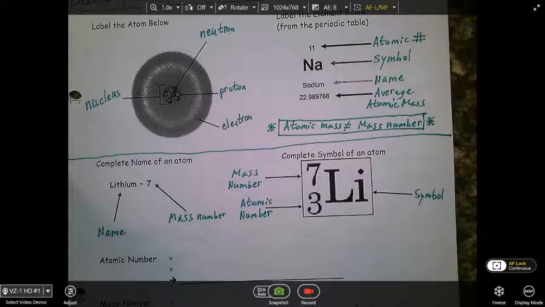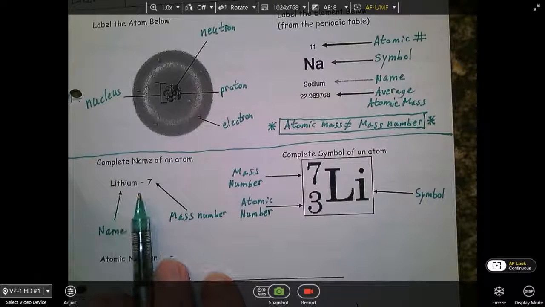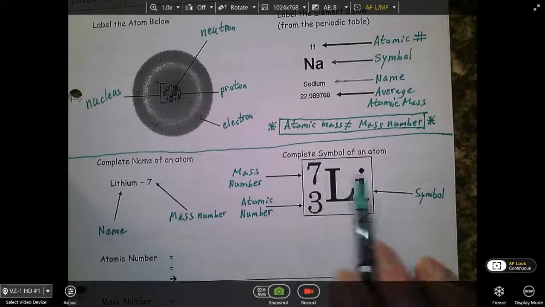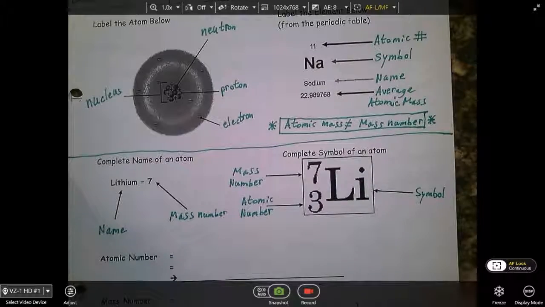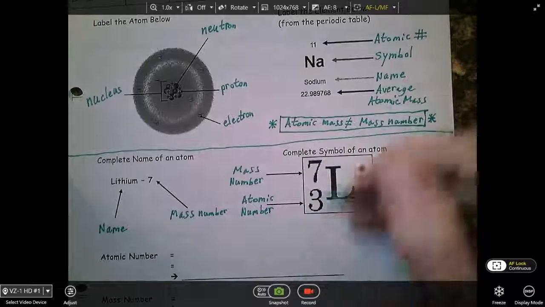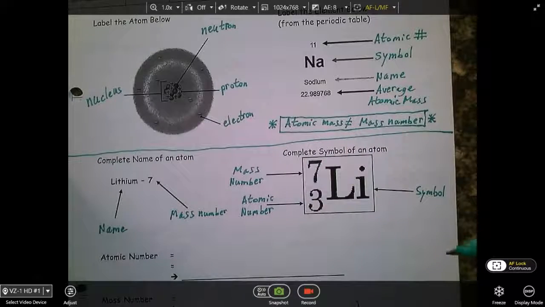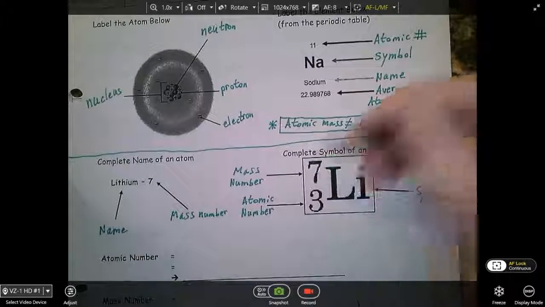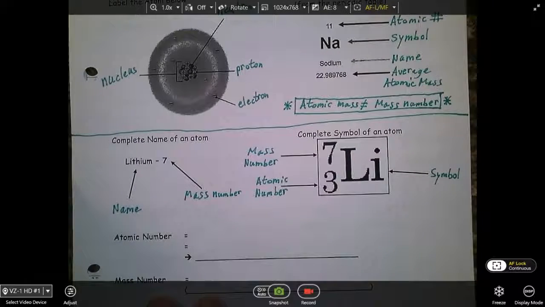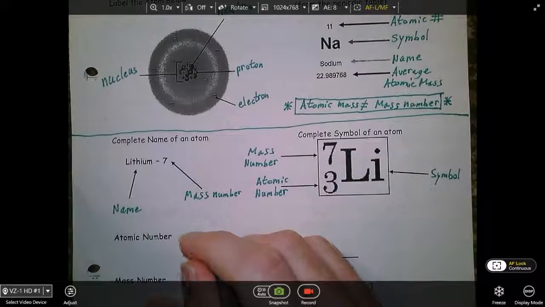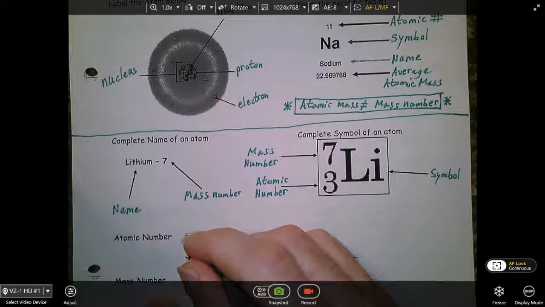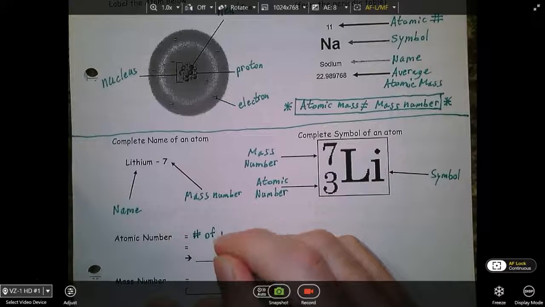Okay, so now that we've established how we write the complete name and the complete symbol, again, the number after the dash or at the top left of the symbol is the mass number. We need to define what these terms mean. The atomic number is the number of protons.